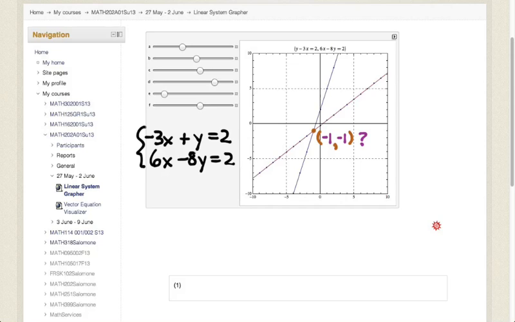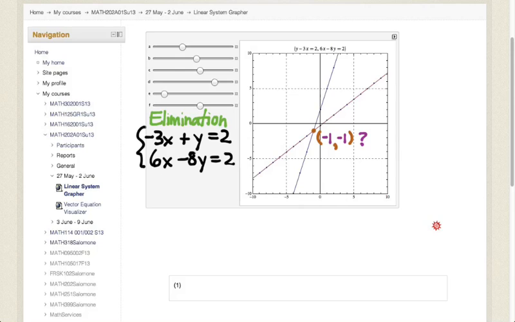Okay, let's solve this by elimination. That's the one where we end up having to make a choice or two, and these are the kinds of choices we're going to start paying particular attention to tomorrow. We're going to talk about row reduction. But if I wanted to solve this by elimination, what are my options? That would actually be a substitution technique, right?